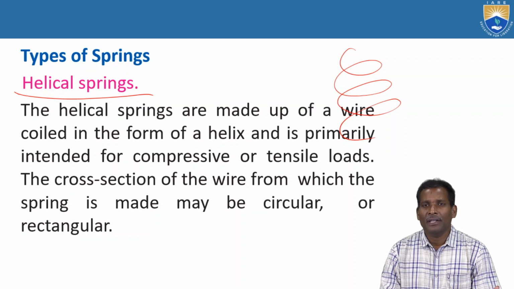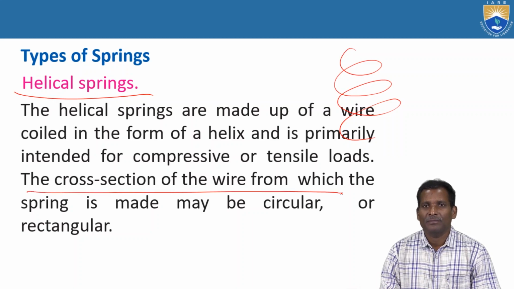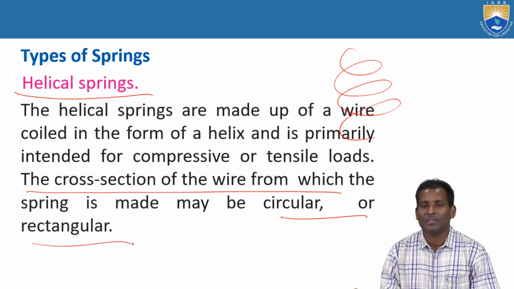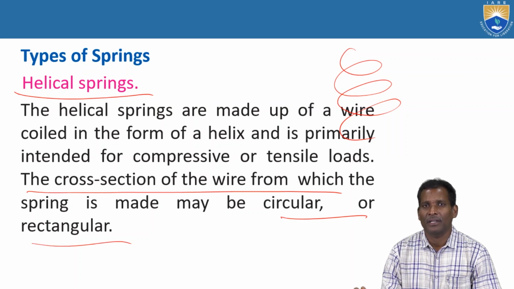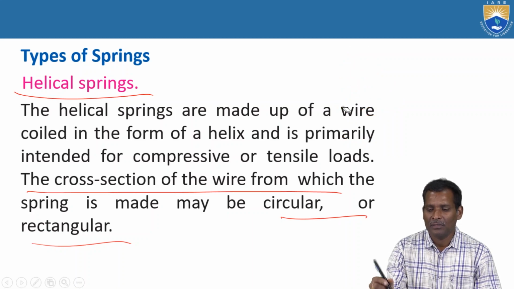It is intended for compressive or tensile loads. The cross section of the wire may be circular or rectangular. Generally circular springs are widely used, though sometimes a rectangular cross section is also available.